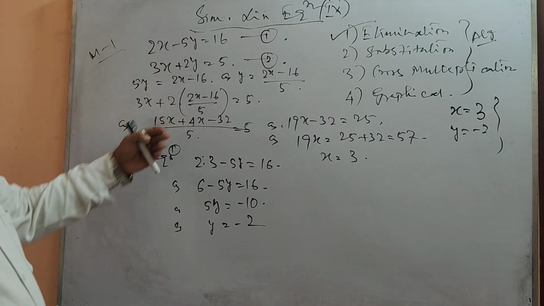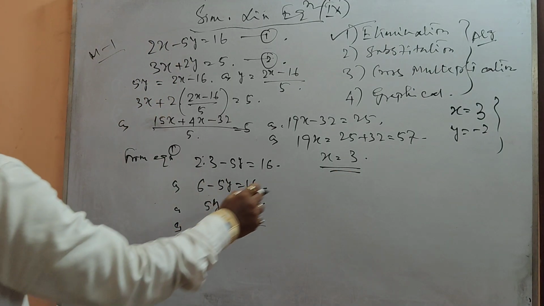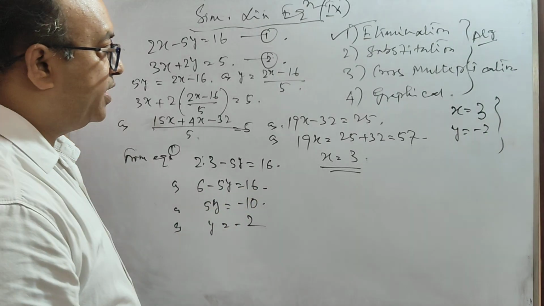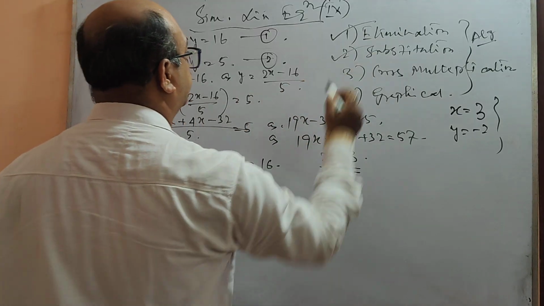Now the next part, x is equal to 3 is the same. By putting x is equal to 3 you can get the value of y.